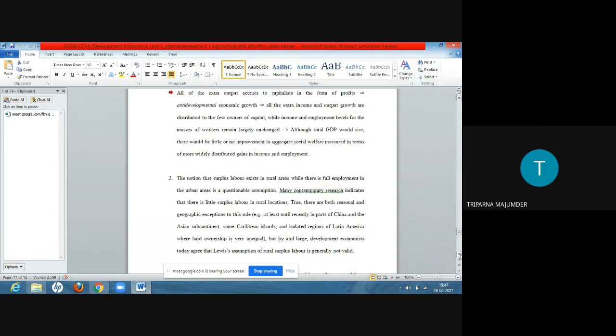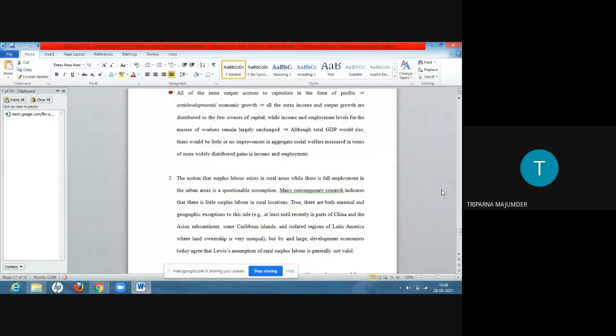Now, the next criticism is whether surplus labor exists or not in the modern-day less developed economy. The notion that surplus labor exists in rural areas while there is full employment in the urban area is a questionable assumption. Much contemporary research indicates that there is little surplus labor in rural locations.